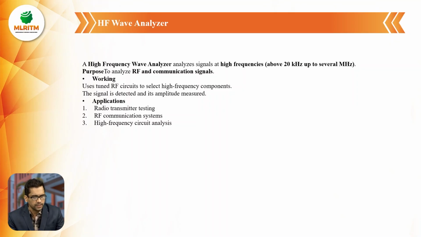HF wave analyzers are mainly used in different applications like radio transmitter testing, RF communication systems, and high frequency circuit analysis. These are the main applications of HF wave analyzers. Mainly we use these analyzers in HF range applications, mainly in telecommunication applications.